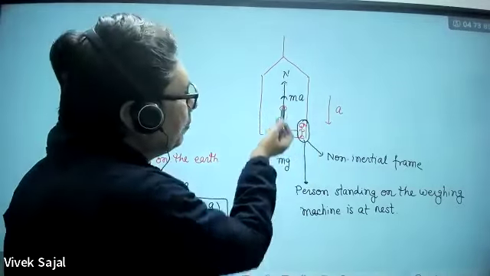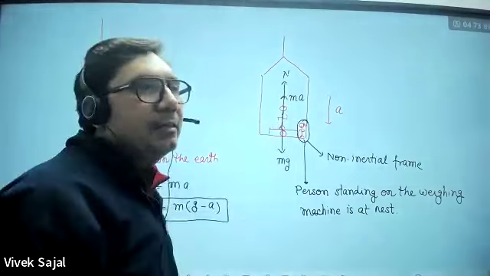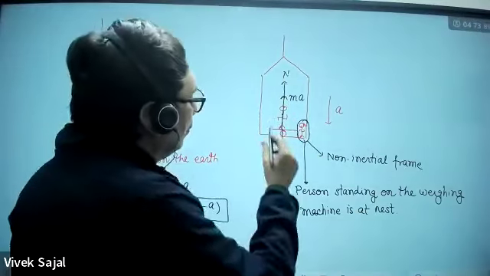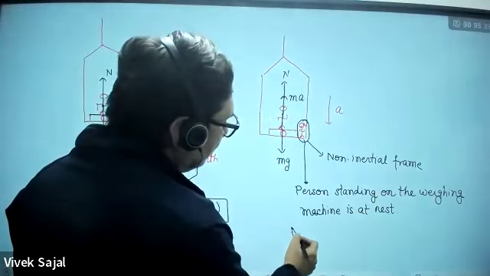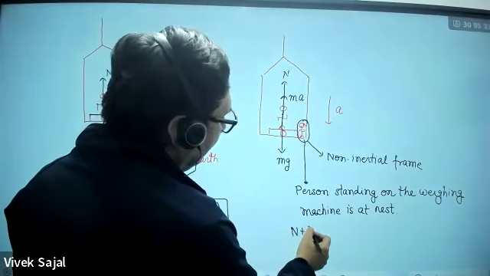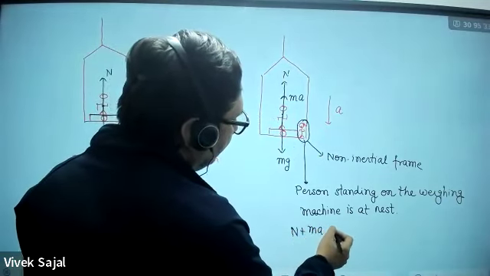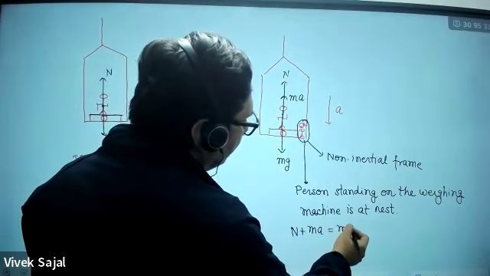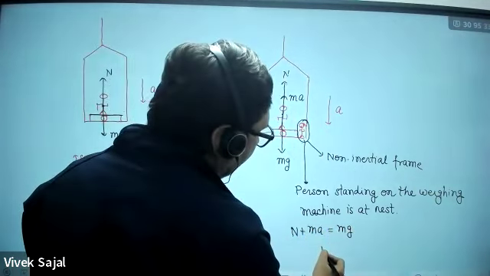So he will say that upward forces are balanced by the downward forces. What are the upward forces? He will say N plus ma equals mg.